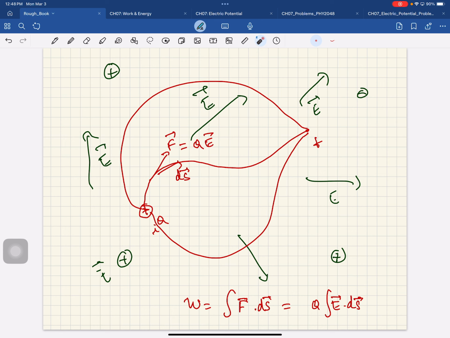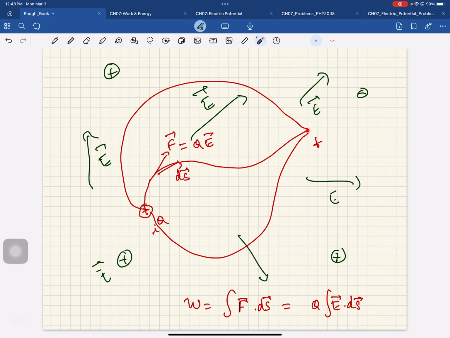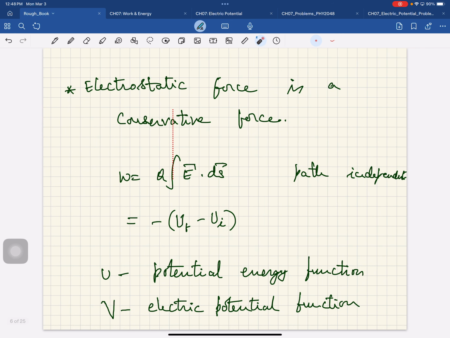The answer depends only on the initial point and the final point. And so that line integral, that work done, is the difference in a function, the potential energy function. It's the negative of the change in potential energy. So you just have to figure out this potential energy function, calculate the potential energy at the final point minus the potential energy at the initial point, and the negative of that gives you the work done.